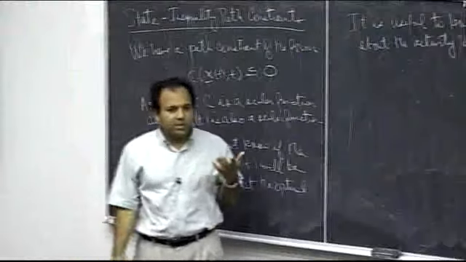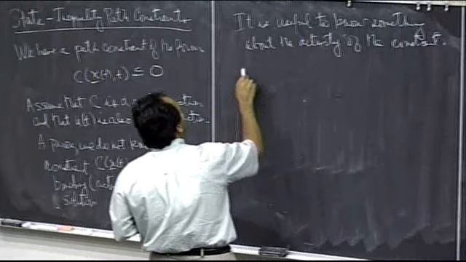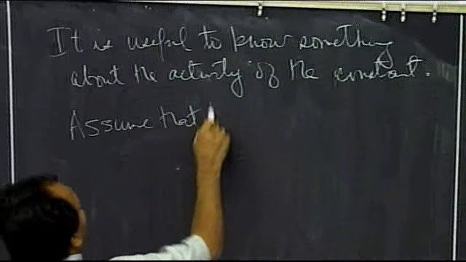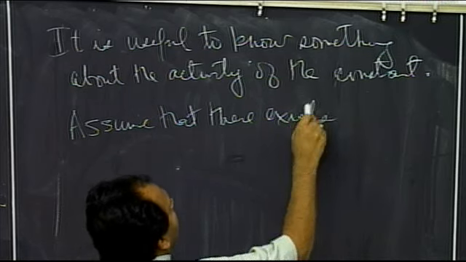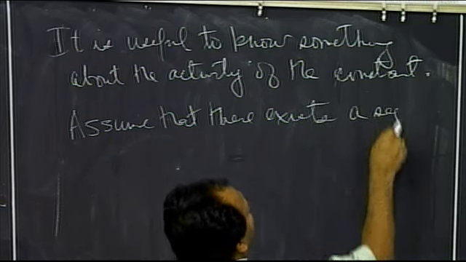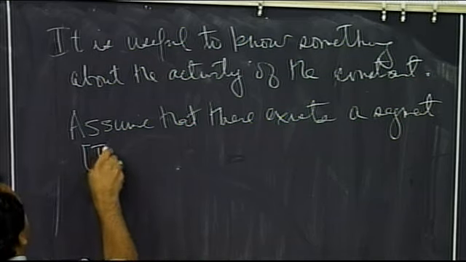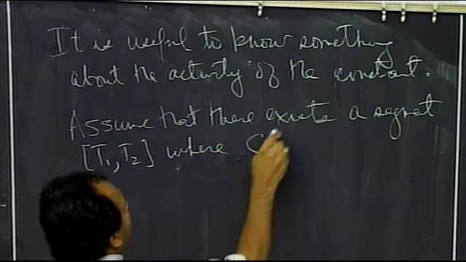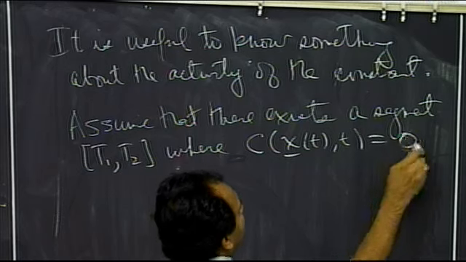So generally speaking, what people do is they assume that there exists a segment T1 to T2 where C of x of t and t is equal to 0.